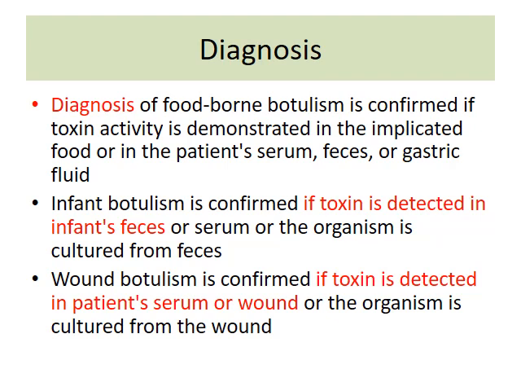For diagnosis, again, we are looking for the toxin, and this toxin has been shown, of course, in patient serum, in feces, and in gastric fluids. Especially when we look at a case in neonates or infants, we detect them in infants' feces, and then culture the feces and look at the antibiotic susceptibility.